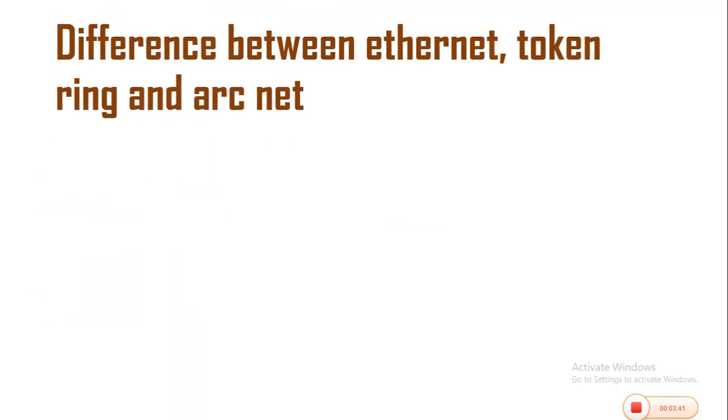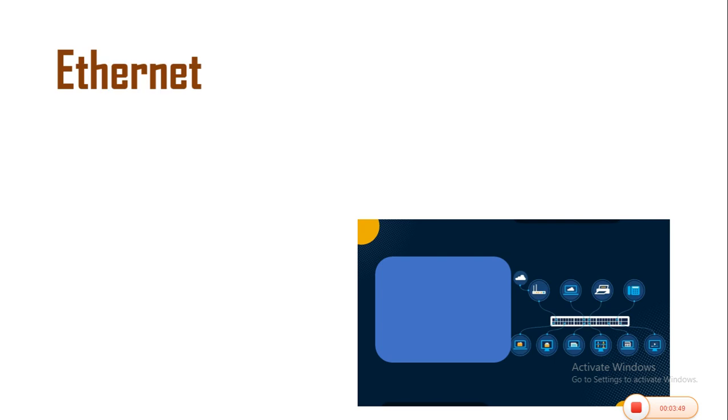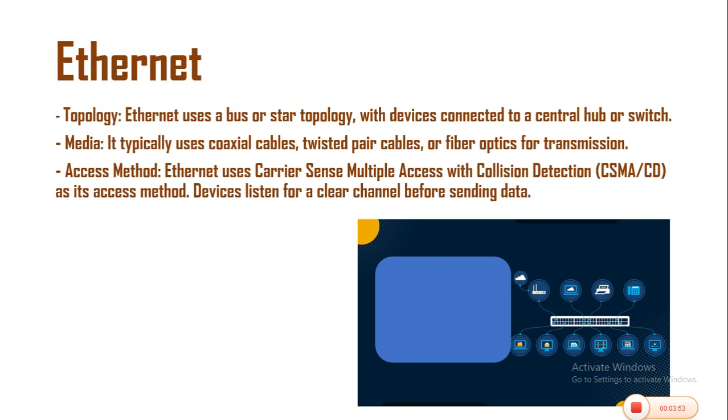Let's look at the difference between Ethernet, token ring, and ARCnet. We will look at these differences under topology, media type, access method, disadvantage, advantage, etc. The Ethernet topology uses a bus or star topology with devices connected to a central hub or switch.